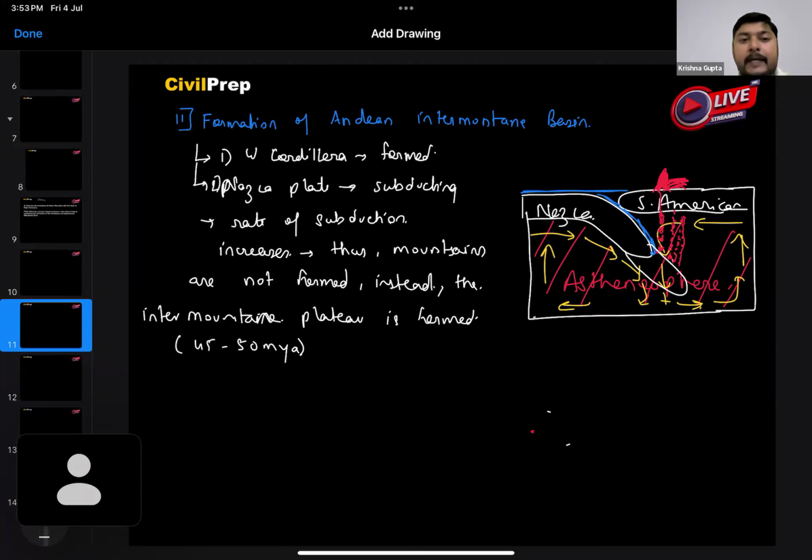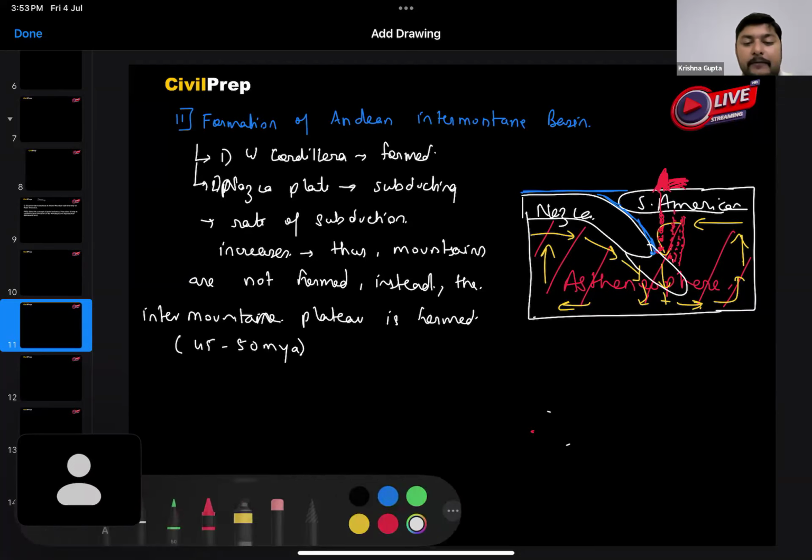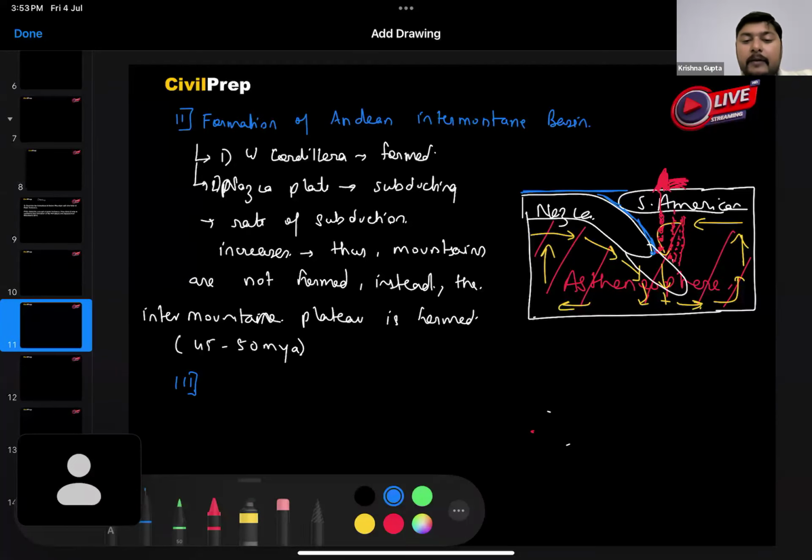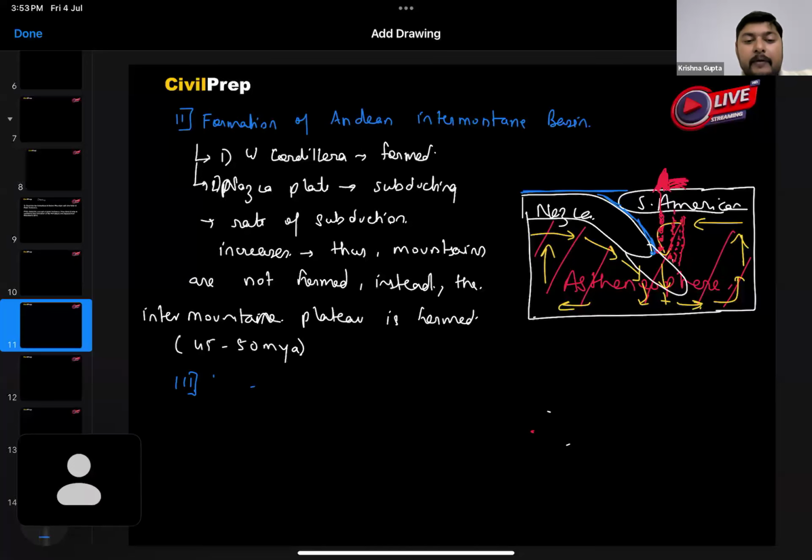Now, after the second phase, there is the third phase. Under the third phase, we'll be seeing the formation of the Eastern Cordillera.